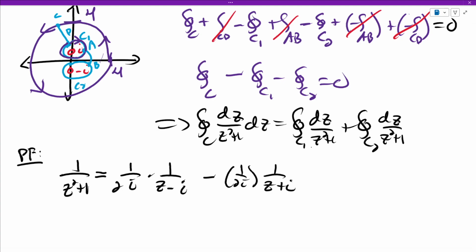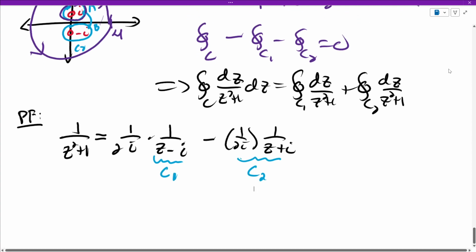C1, the first guy, has information about when z is i, so this is related to C1. If we integrate the second one over C1, the singularity is not there, so this is going to be 0. This one's not going to contribute to C1. However, this has information about when z is negative i, which C2 knows about, so it will contribute to the integral over C2.